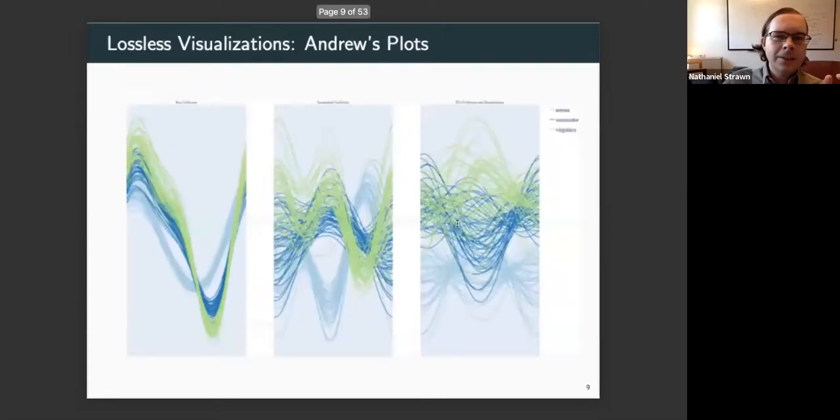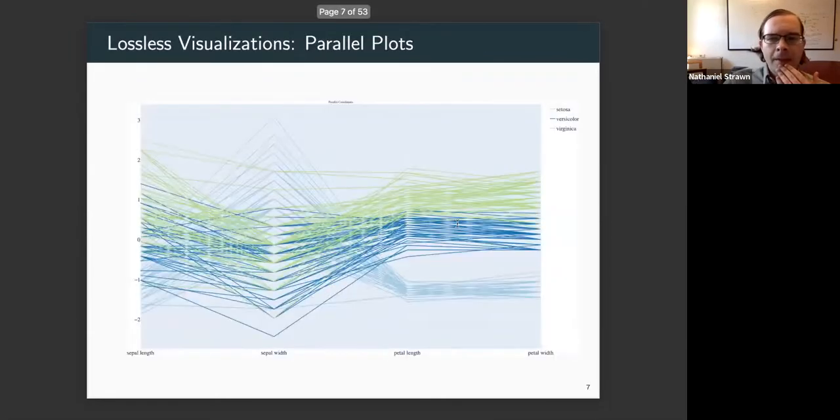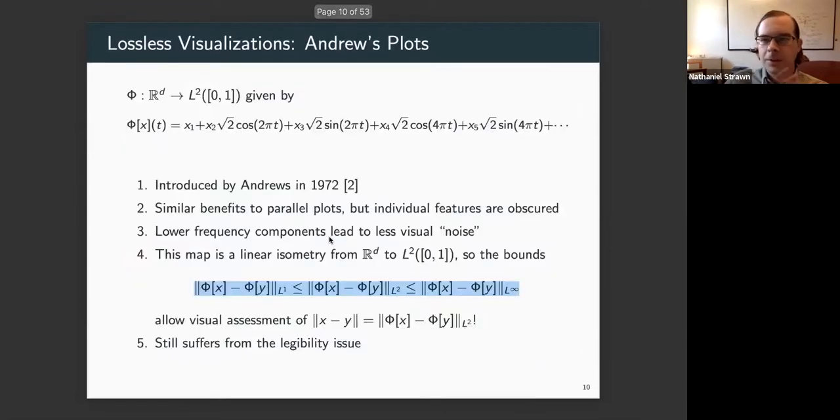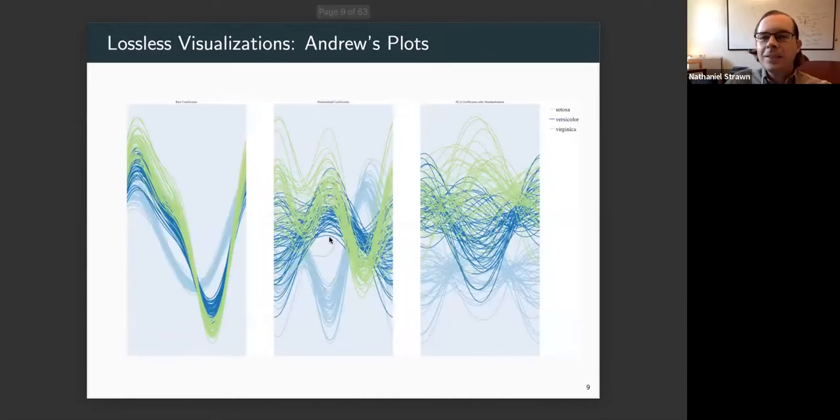One thing to note is that you also have a linear isometry here for the parallel plots as well. And so you can get similar metric comparison properties. But we're still mapping 1D functions to 2D, and so you can see that there's a ton of clutter.